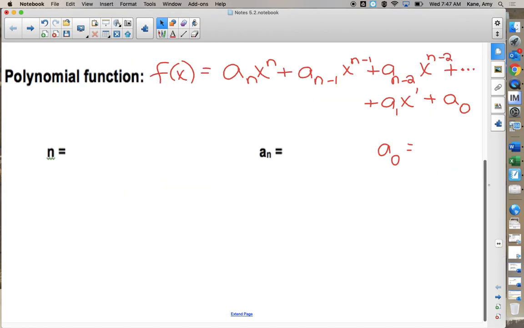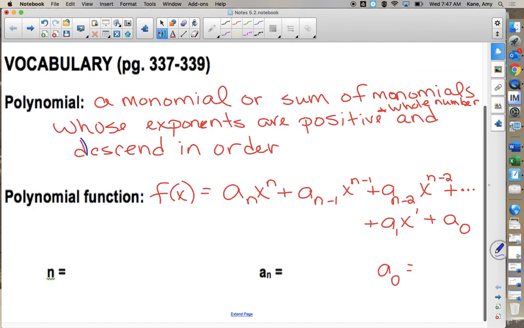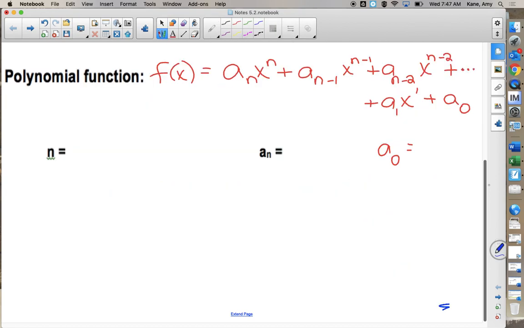So underneath that, I added an extra piece here, but just kind of explain what these mean. So the n is called the degree of the polynomial. And the degree is just the largest power.